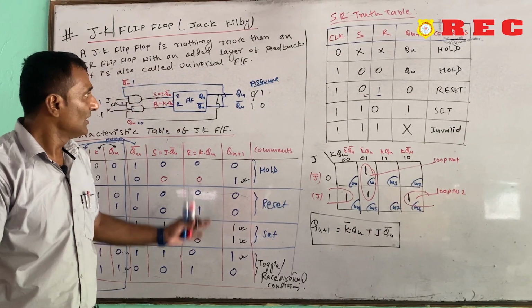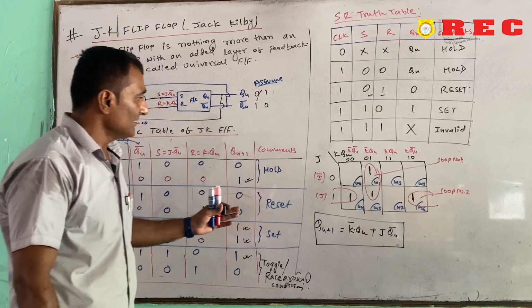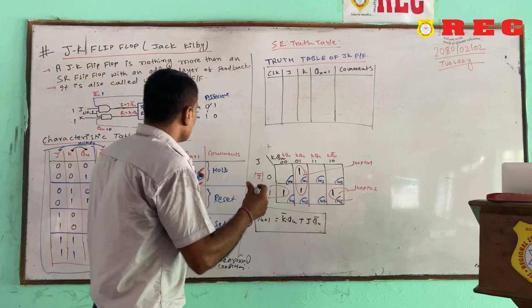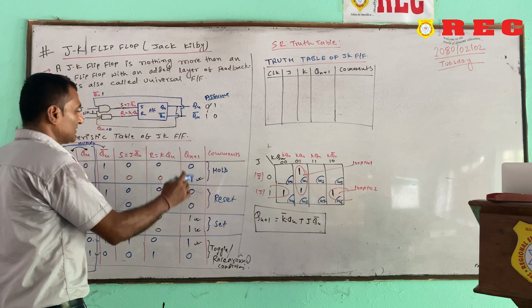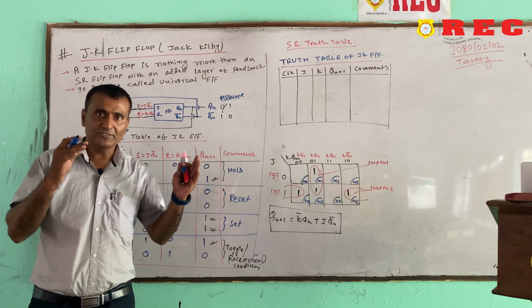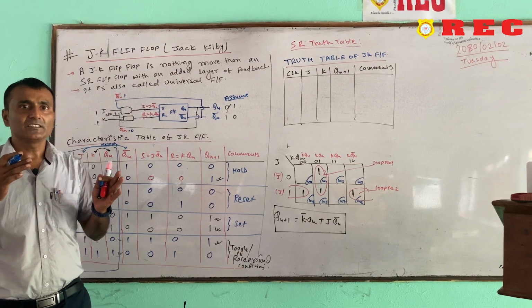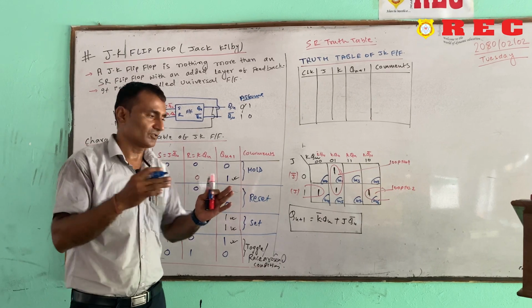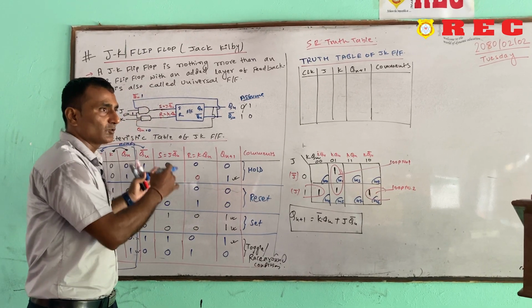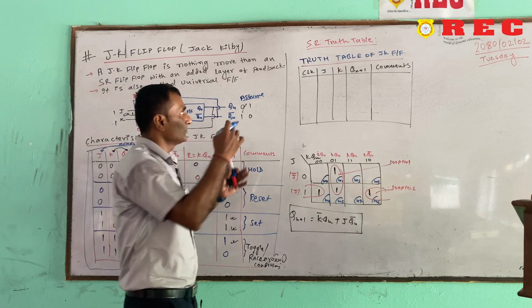By this way we have solved this, and the major thing is what? Now, the final truth table of JK flip flop, with the help of this characteristics table, we are going to design the truth table. What is the conclusion from this characteristic table, that we will write here.